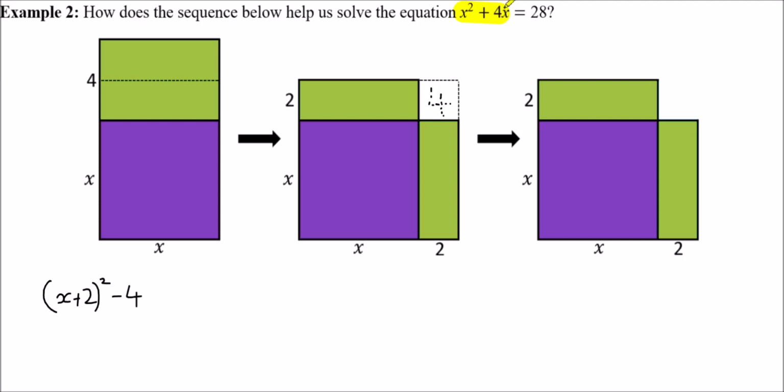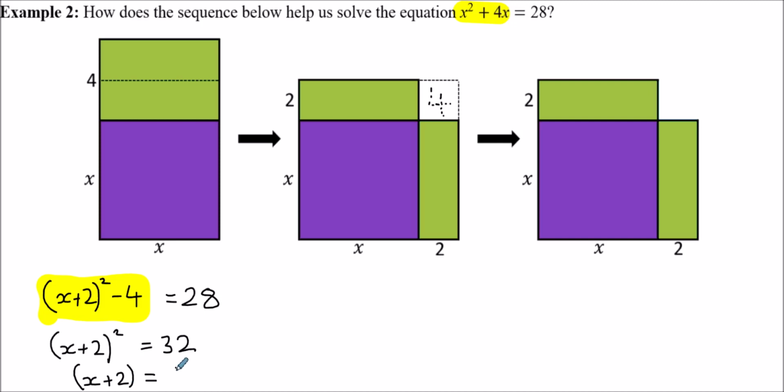So what we're saying is x squared plus 4x is the same as this here. And we're told that equals 28, so we can just fill that in. So we therefore have x plus 2 all squared. Add 4 to both sides, that's 32. Square root both sides, so x plus 2 must be plus or minus the square root of 32.